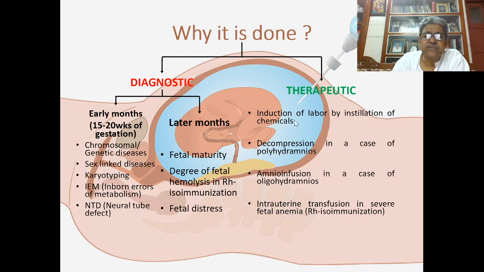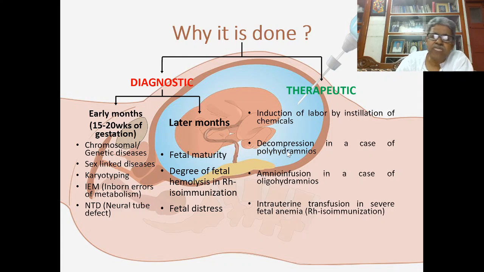During labor, at the onset of childbirth, if there is a need to administer different types of chemicals, hormones, drugs, etc., they can be introduced by this process inside the amniotic fluid, which can induce labor pain.